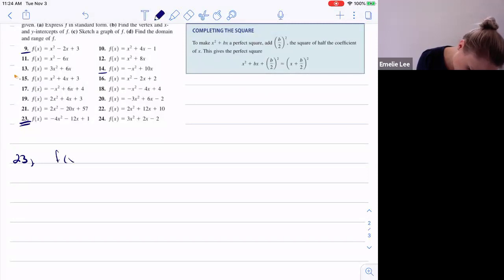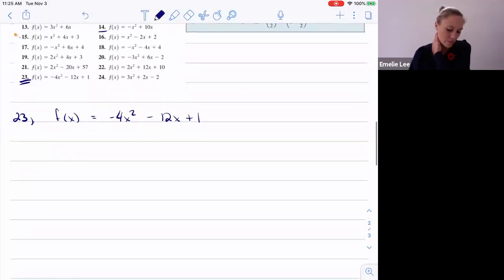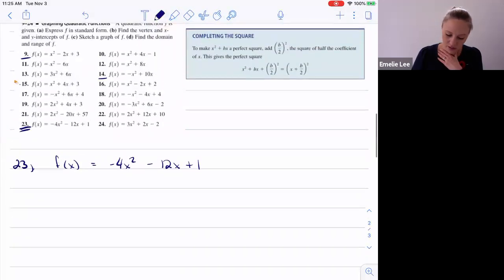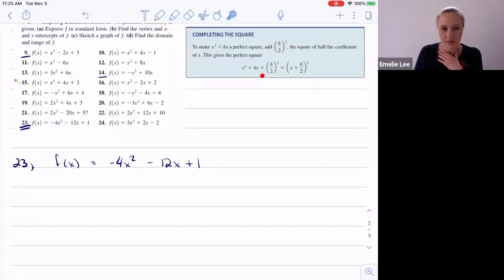So f of x is negative 4x squared minus 12x plus 1. What I have to do is use completing the square in order to write this in standard form.